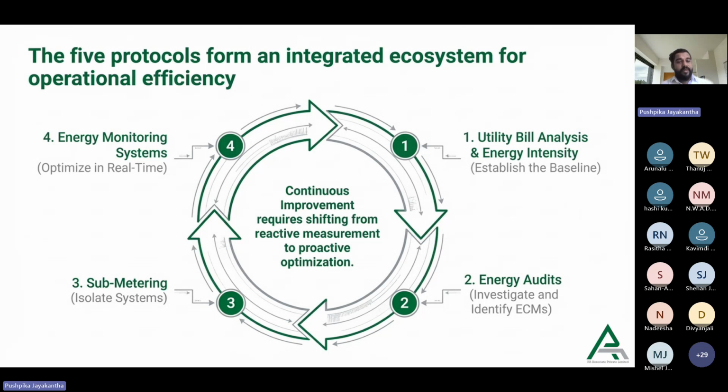Then you can implement submeters for specific processes, areas, or production lines. And then you can go for an advanced system like an energy monitoring system. With all of this data and information, you can systematically update and continuously improve your energy management system.